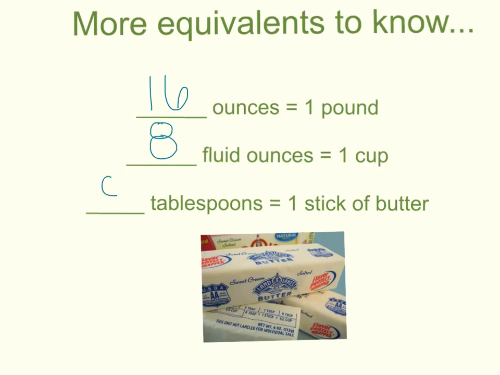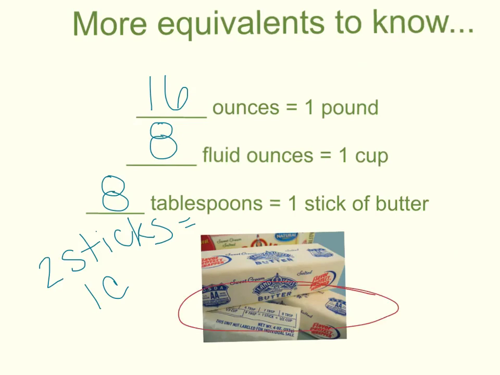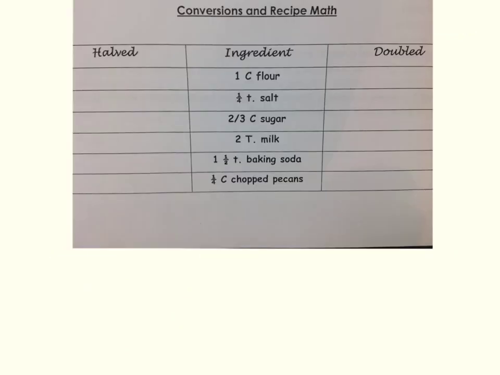And there are 8 tablespoons in a stick of butter, which would mean you need 2 sticks to get 1 cup of butter. And it's neat that on the sticks of butter, if you buy just regular old boxed butter, it measures it for you, which is a kind of cool feature.